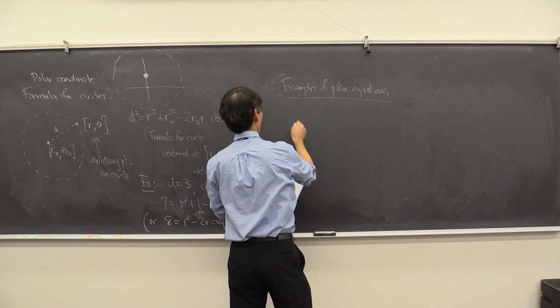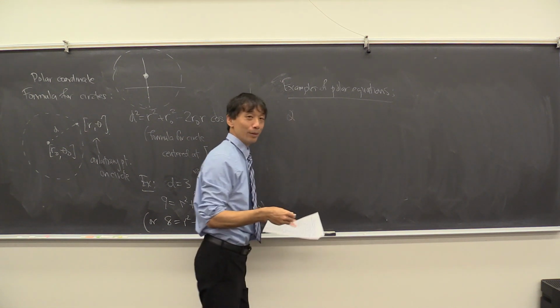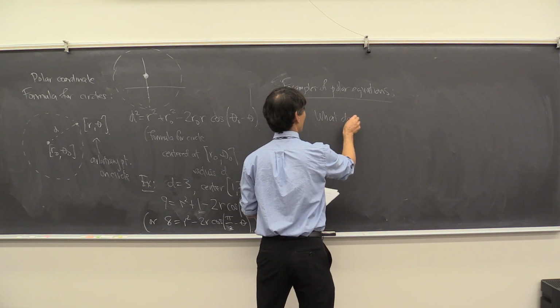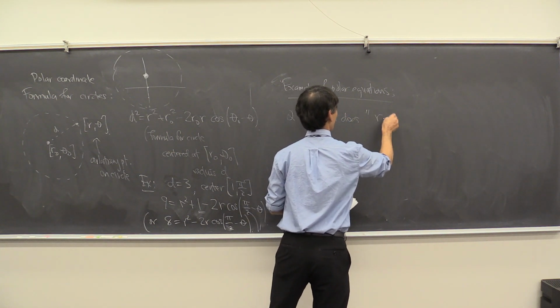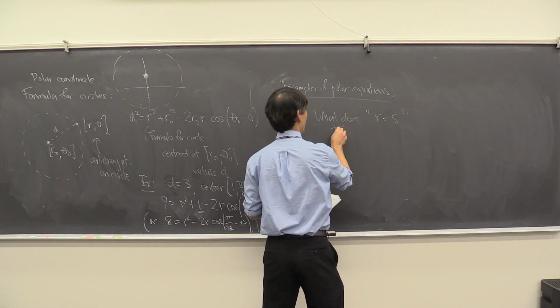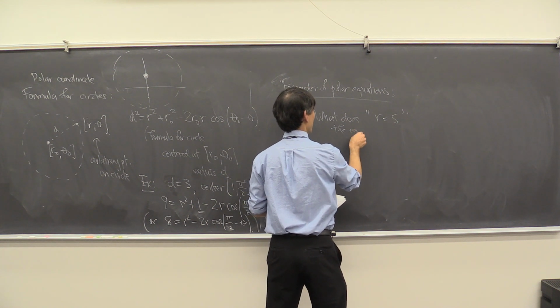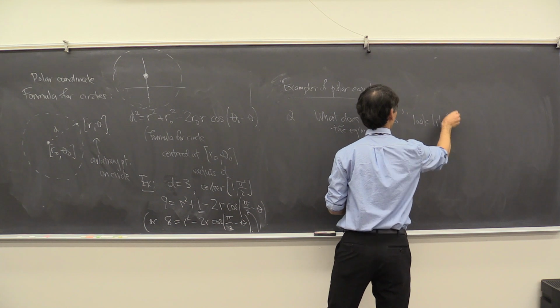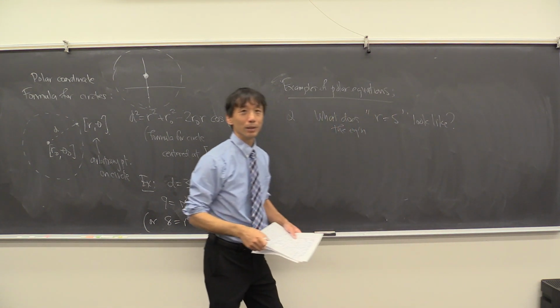Okay, so here's one for you to think about. What does the equation r equals 5 look like? What does the solution set look like?